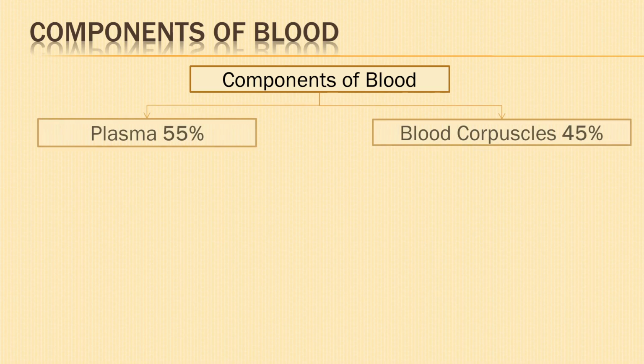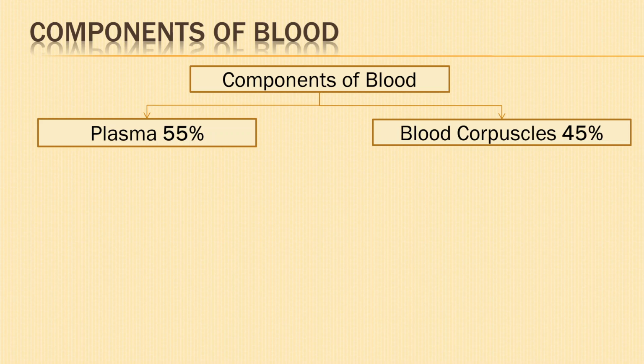Now, we shall study about the components of blood. Blood consists of 55% plasma and 45% blood corpuscles.